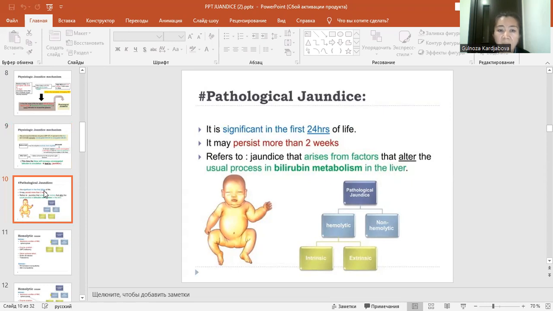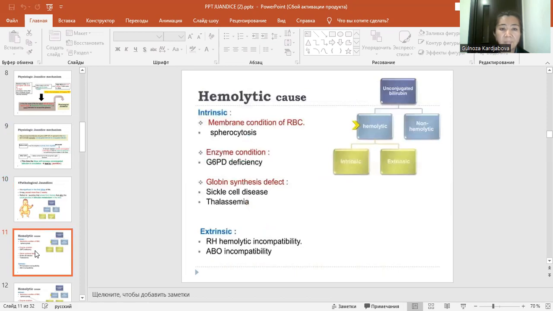Pathological jaundice is a sign appearing in the first 24 hours of life. It may persist more than 2 weeks, and refers to jaundice that arises from factors that affect the usual procedures in bilirubin metabolism in the liver: hemolytic and non-hemolytic. We will have hemolytic types, intrinsic and extrinsic types.